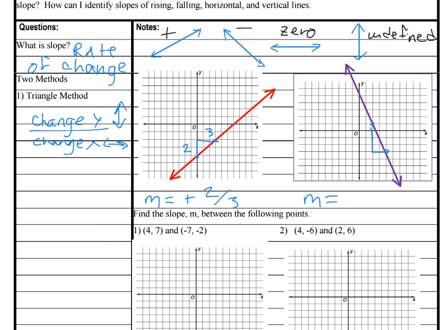M equals negative. Now let's go ahead and figure out how much it changes when I go up or down. So from here, 1, 2, 3, 4. And then left to right looks like 1, 2. So then our slope is negative 4 over 2, which we can reduce to negative 2 over 1.